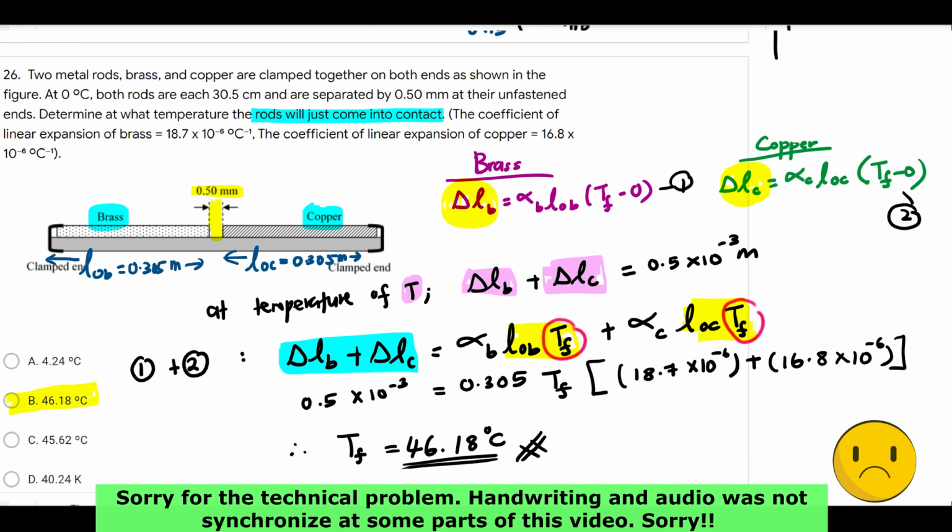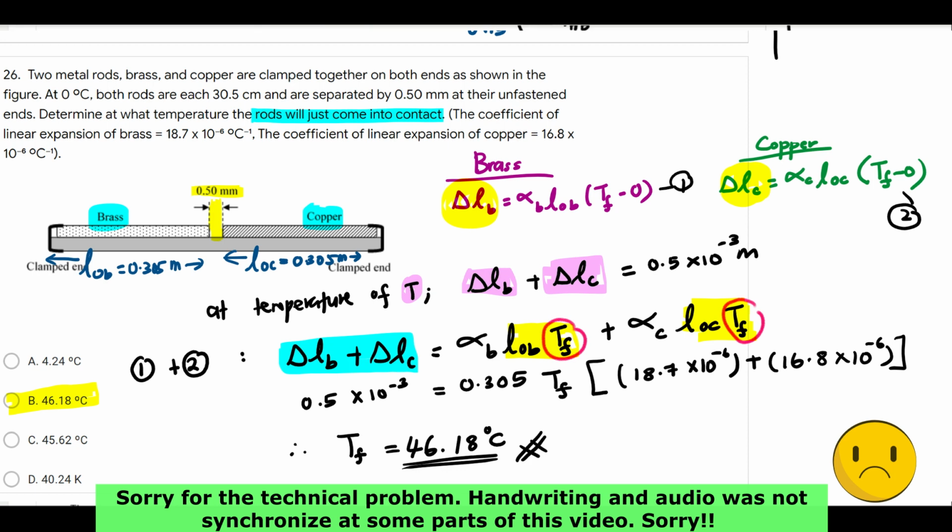we can write that delta LB plus delta LC is equal to alpha B L naught B TF tambah dengan alpha C L naught C TF. Yang kita nak cari ini apa? Ini yang kita nak cari, TF ni. As we already know, this is 0.5 millimeter, bukan 5 millimeter, 0.5 millimeter.